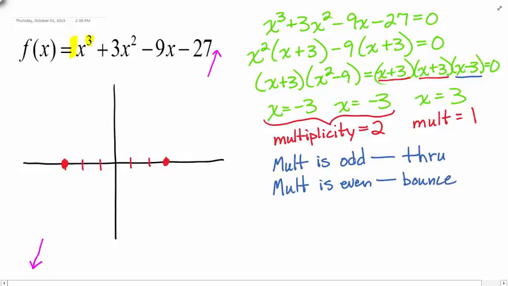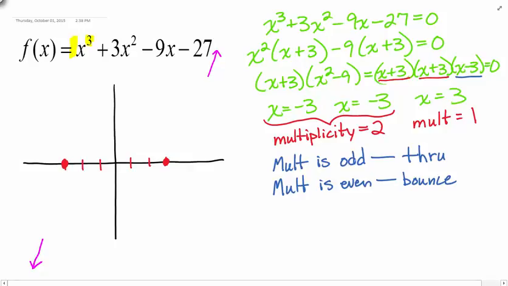Okay, so look, we've got one even multiplicity, which is minus 3, and one odd multiplicity, which is 3. So our graph we know is going to bounce off minus 3, but it's going to go through 3.